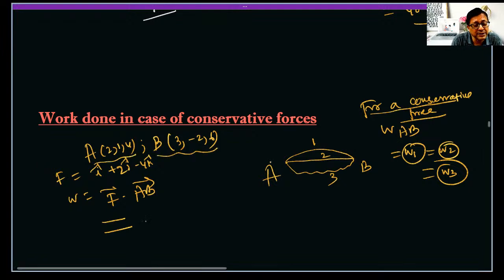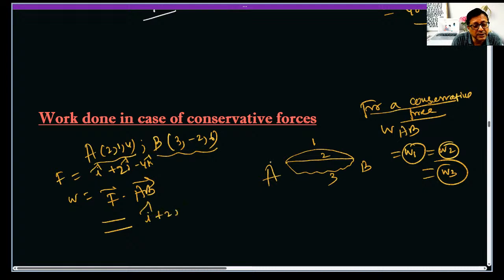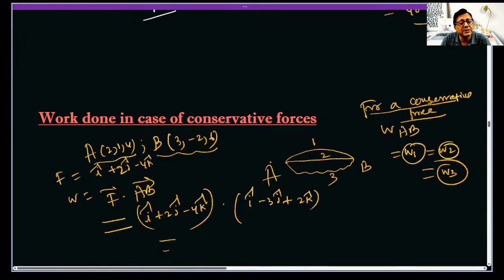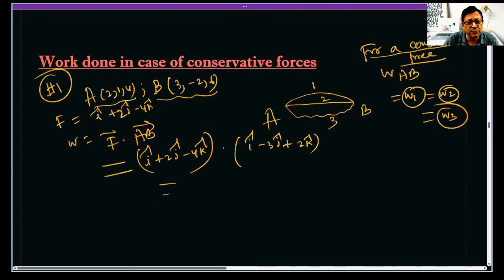So F dot AB, i plus 2j minus 4k dot AB. AB vector is i minus 3j plus 2k. I am just doing it to make you understand that path is not important here. Whatever the path is taken, it will be the same thing. Okay, example 1.